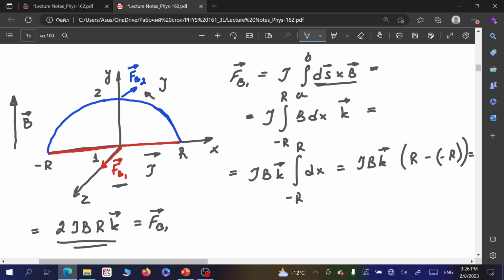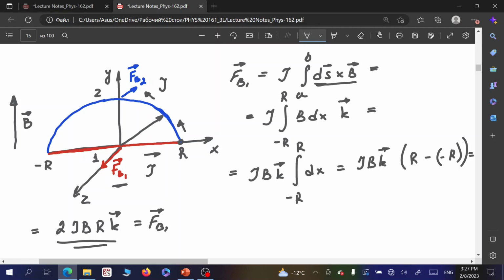Now it's time to deal with FB2 vector. In this case, it's a bit trickier because the orientation of the current with respect to the magnetic field will change as we go from, let's say, point R. We go along this semicircle. The angle between them will change. So let us define ds vector in this case.